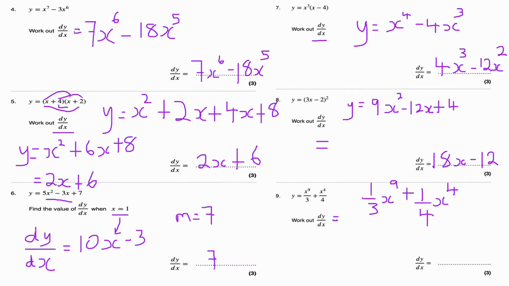So it's 1/3 times 9, which goes to 3, and then the power comes down by 1, so it's 3x to the 8, plus 1/4 times 4 is just 1, plus 1 lot of x cubed, the power comes down by 1. So the final answer is 3x to the 8 plus x cubed, guys, or x cubed plus 3x to the 8. Either way is fine.